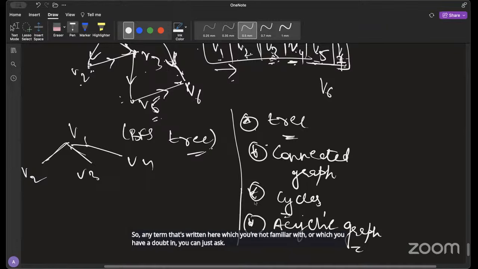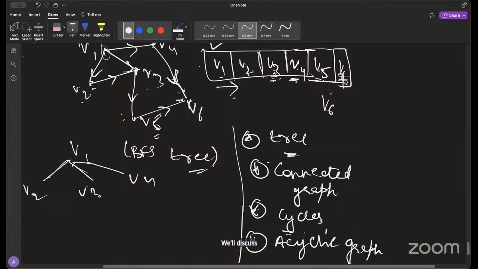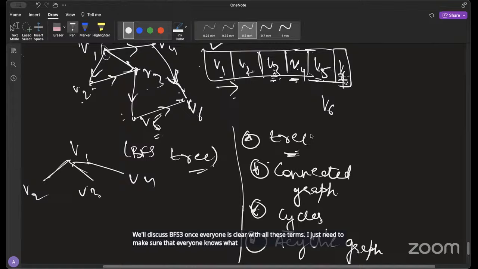There are 4 terms here. I'm fine with the terms, but in the previous BFS graph, after V3 and V4, how will the second layer start? We'll discuss the BFS tree once everyone is clear with all these terms. I just need to make sure that everyone knows what a tree is.